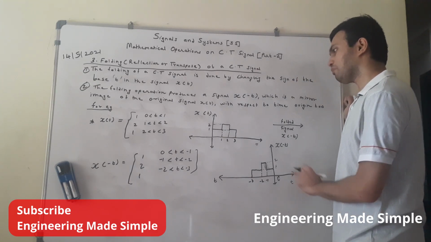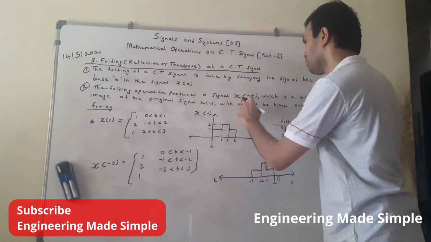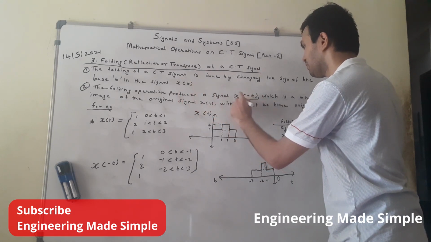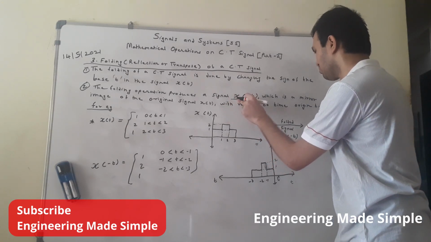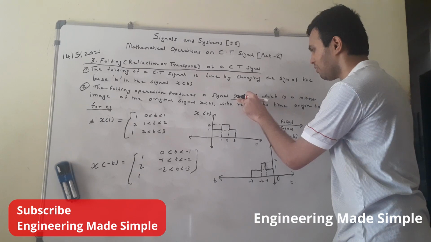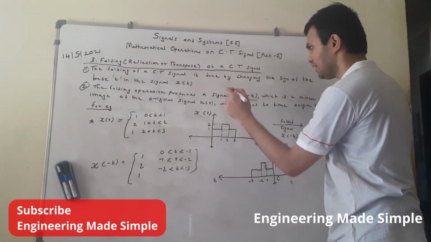So now how is it performed? The folded signal is known as the folded version, x of minus t, of the signal x of t.